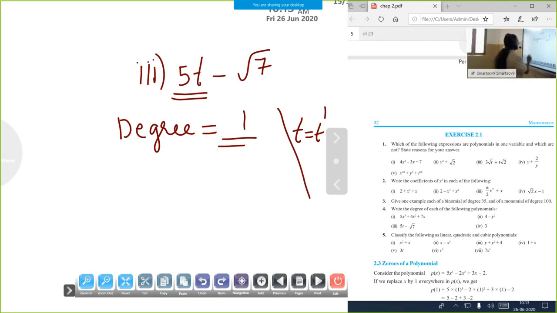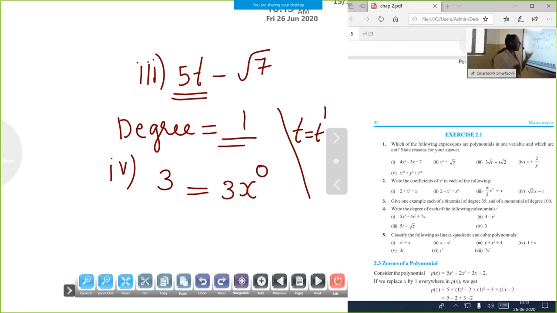And our last expression, the fourth one, only 3 there. There is no variable, only 3. But we can write 3 as 3x raised to 0, because any number raised to 0, the value is 1. You know that? A raised to 0, the value is 1. X raised to 0, the value is 1.